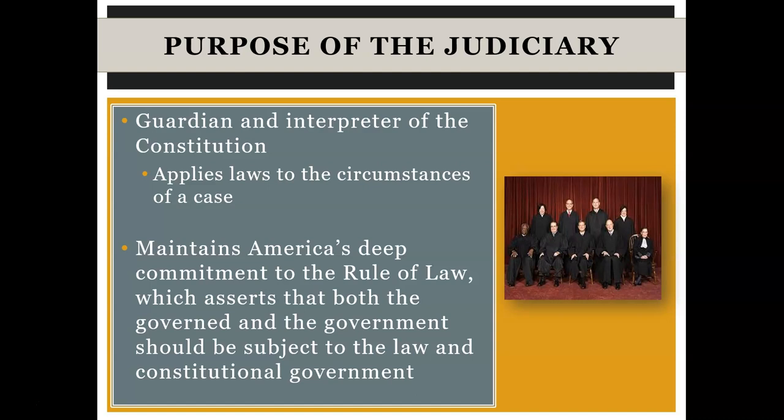Under the enlightened philosophies of the revolution, that changes to the concept of rule of law, meaning no man, king, queen, president, congressman is above the law, and that both the governed and the government should be subject to the law. Meaning, we need some sort of tool to use to enforce that, and that is the judiciary.